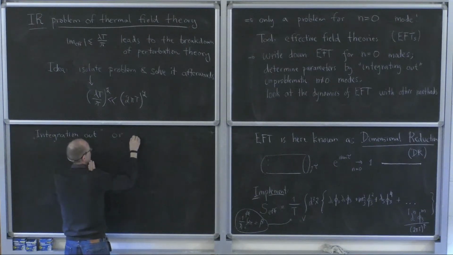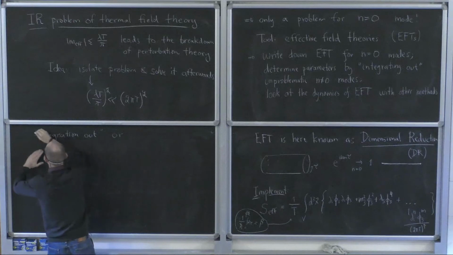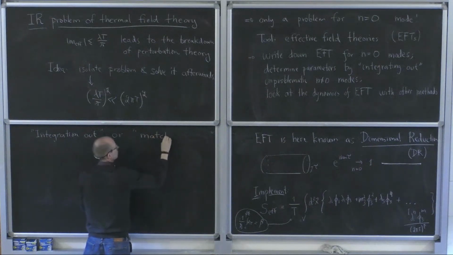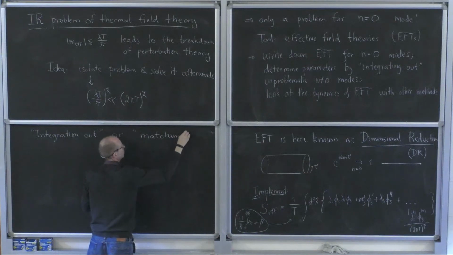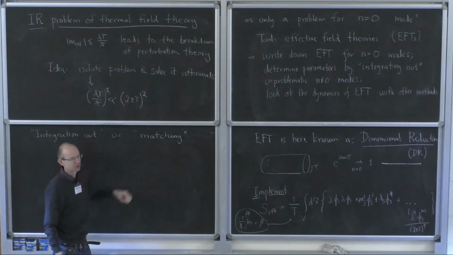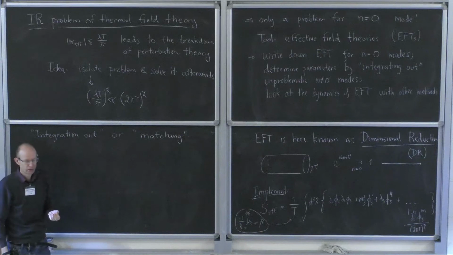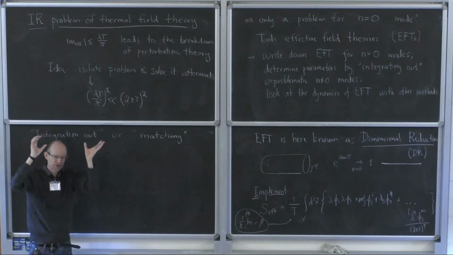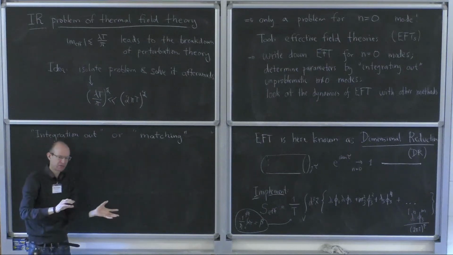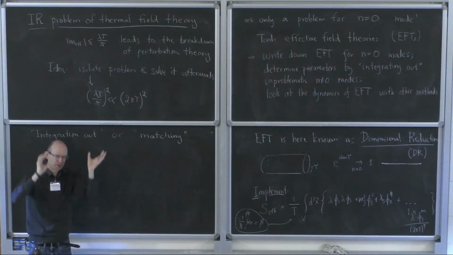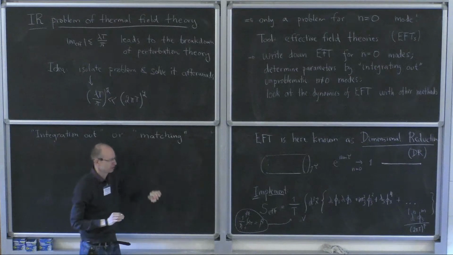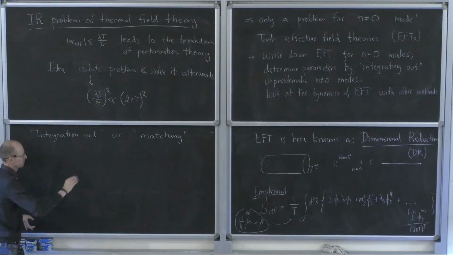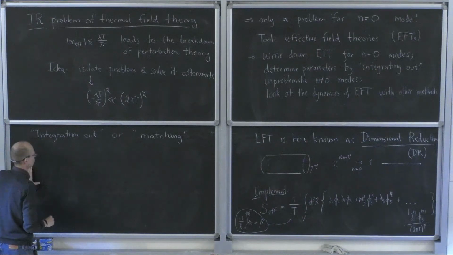Or often one also calls this matching. So matching, what does matching mean? Matching means here that we are matching our effective theory to the original theory. The original theory is the correct starting point. Now we write an effective theory, and we have to match these two theories. We have to match the parameters such that these two theories really give the same predictions. We cannot just take some arbitrary values.